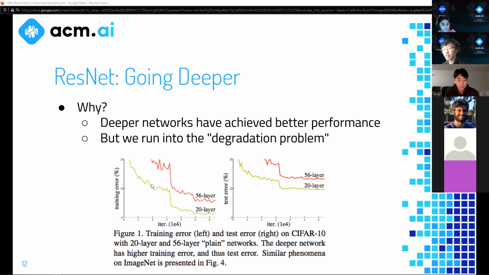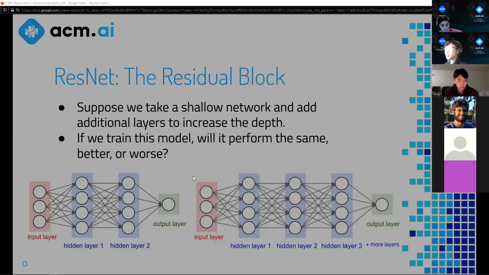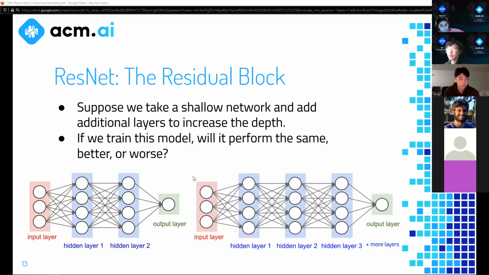Darren, yeah, that's exactly the right answer. Sorry, I'm kind of flipping these around often, but this is what they call the degradation problem.